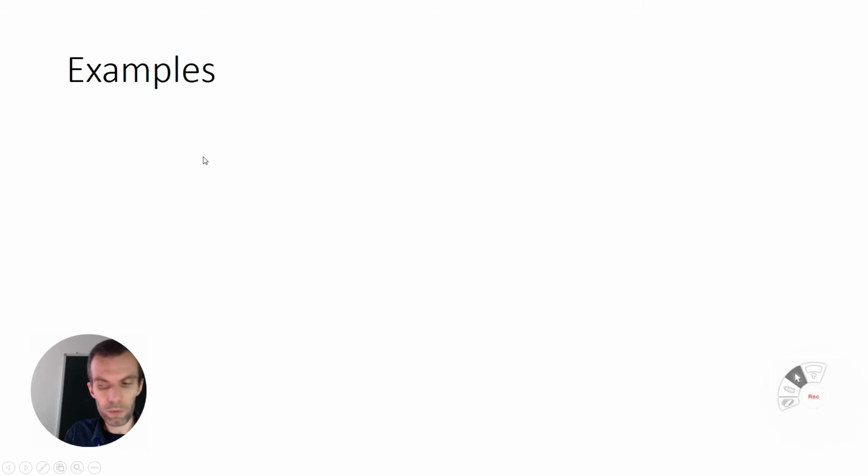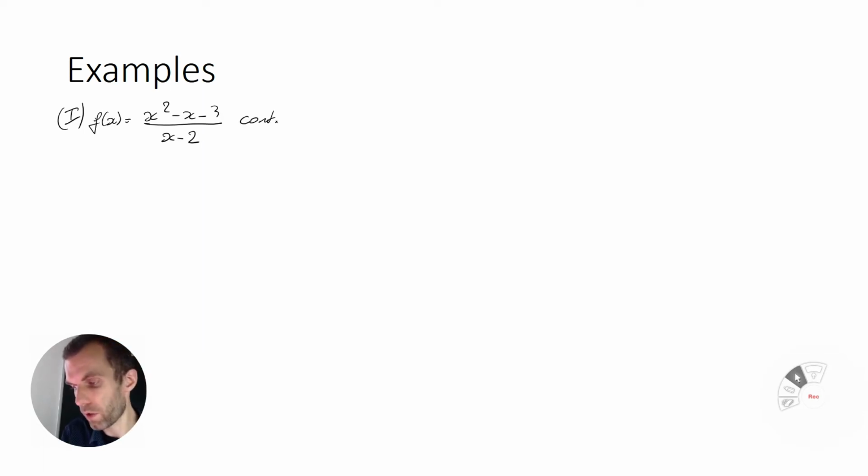So let's see a couple of examples. First off, we'll look at f of x equal to x squared minus x minus 3 divided by x minus 2, and we ask ourselves, is this continuous at x is equal to 2? And here you don't have to calculate anything.